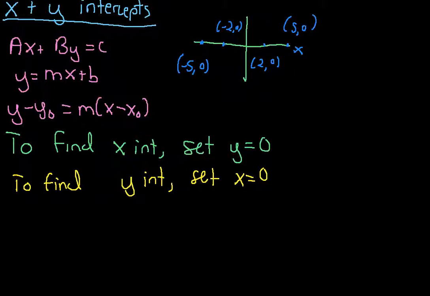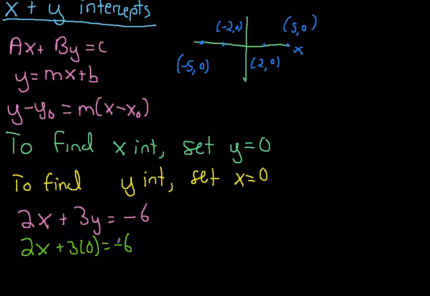So let's try a problem here. So maybe I have, in standard form, 2x plus 3y equals -6. Well, if I want to find the x-intercept, I want to set y equal to 0. So to find the x-intercept, I would do 2x plus 3 times 0 equals -6.